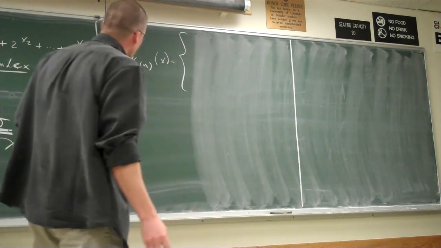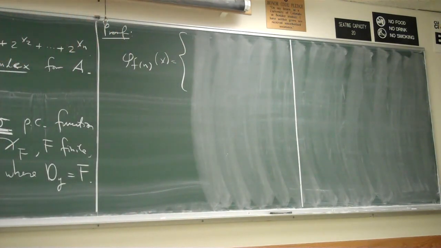Okay, what am I going to do? Well, what I want, of course, is that this should be a valid input for phi I. So this phi of fn should be the characteristic function of a finite set, but we need to keep it nice and fuzzy which finite set this is in some sense. If I just say it contains 0 and 1 and nothing else, then I have nothing useful.